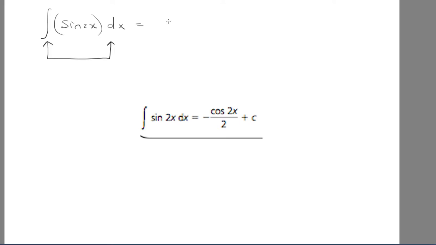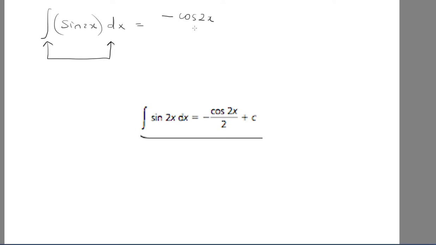I should get negative cos. Okay? Because what's differentiation of cos? It's negative sine. So therefore, what's differentiation of negative cos? Sine. Okay? So you have to put negative cos and 2x here.